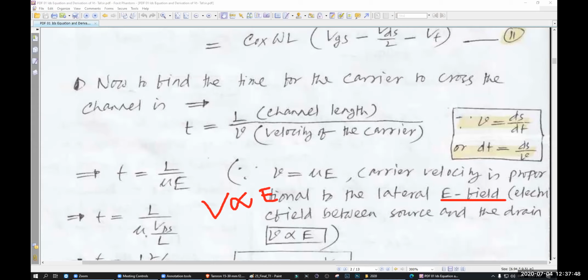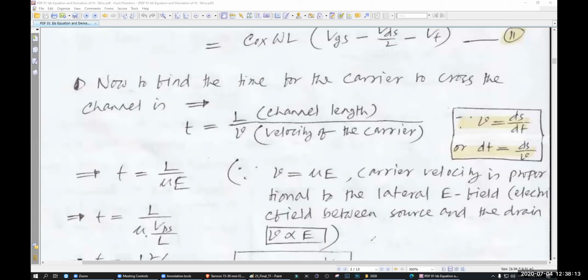If the voltage you are applying is more, the velocity will be more. Understood? Because the current flow depends on the voltage. Current flow means electron flow, so the flow of electron depends on the applied voltage. So velocity is proportional to electric field.